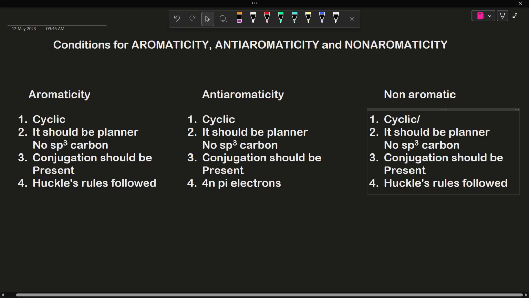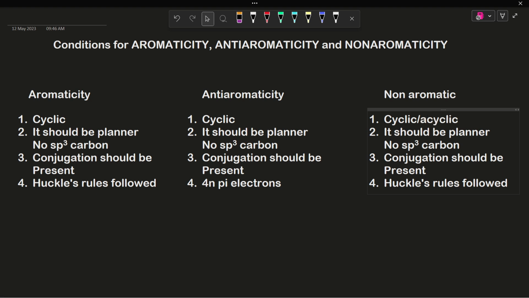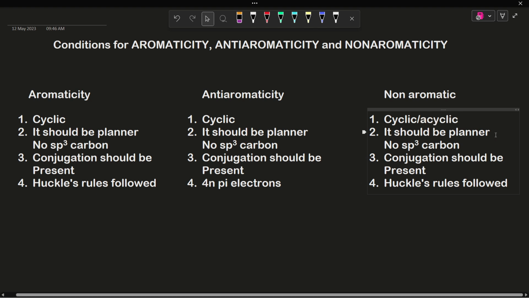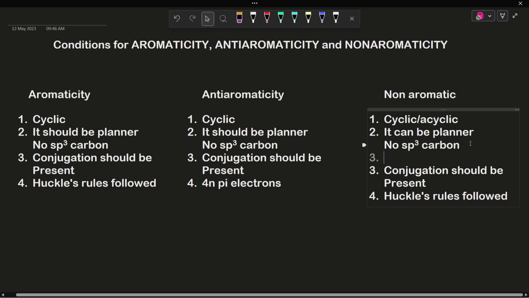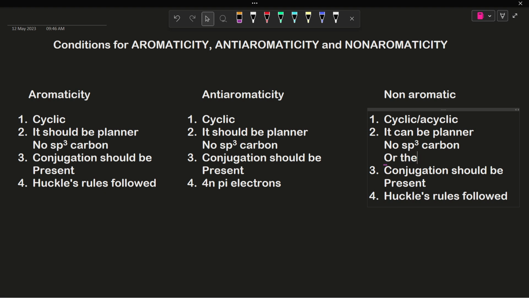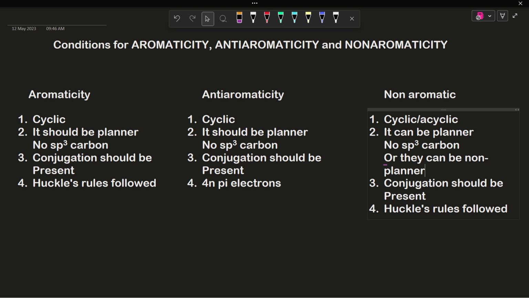They can be cyclic, they can be acyclic, they can be planar or they can be non-planar, meaning they can have sp3 carbon.